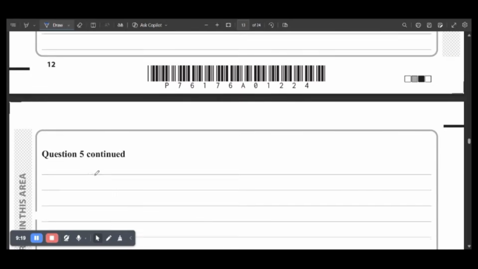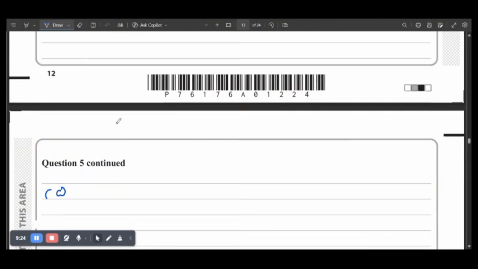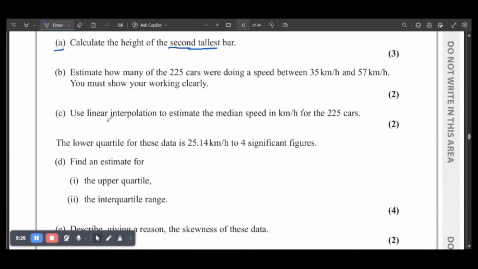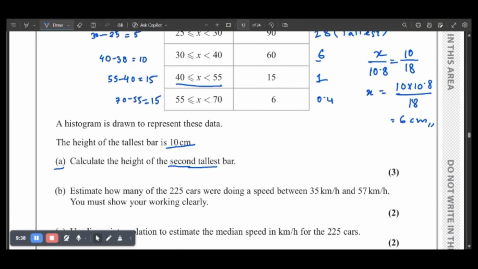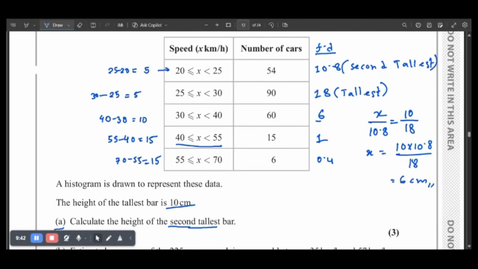In part C, we are asked to use linear interpolation to estimate the median speed in kilometers per hour for the 225 cars. To find the median speed, we first have to recognize the class in which the median lies.